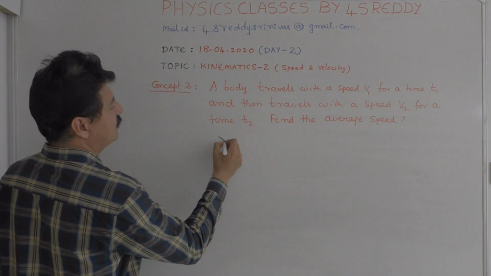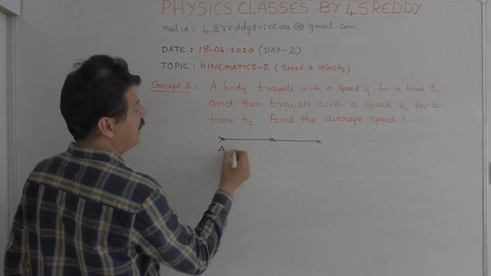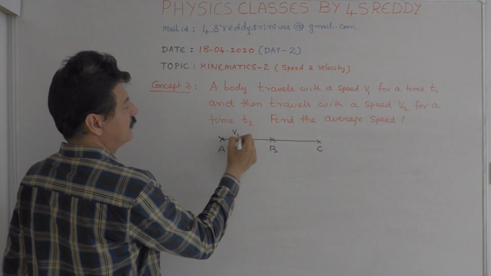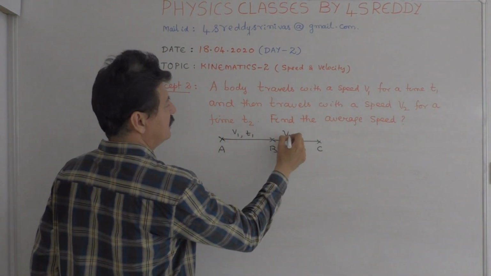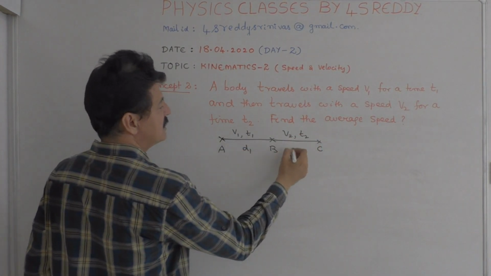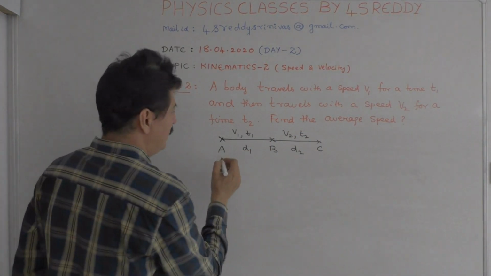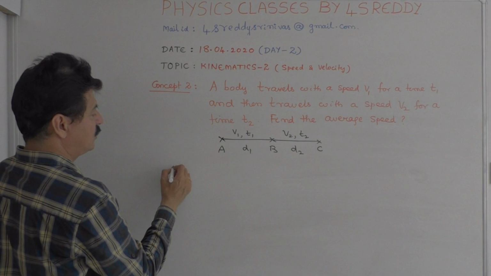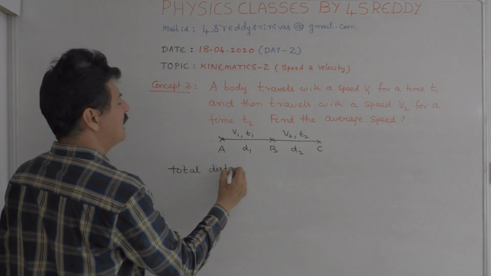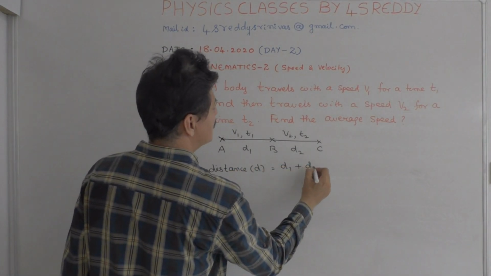So for this, what you have to do, let us consider again this is A, B and C. It travels with a speed V1 for a time t1, this part travels here. But here we don't know the distances, let us say d1 and d2. Therefore here first of all, what is the total distance? Total distance traveled is given by d is equal to d1 plus d2.